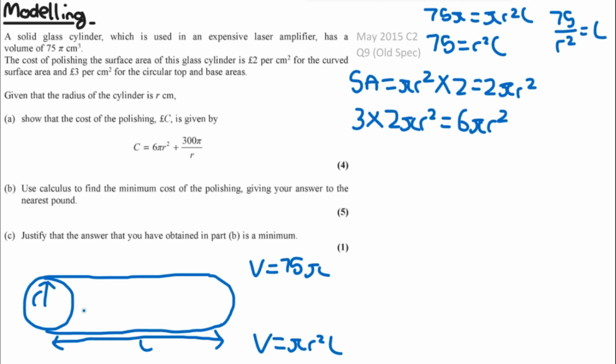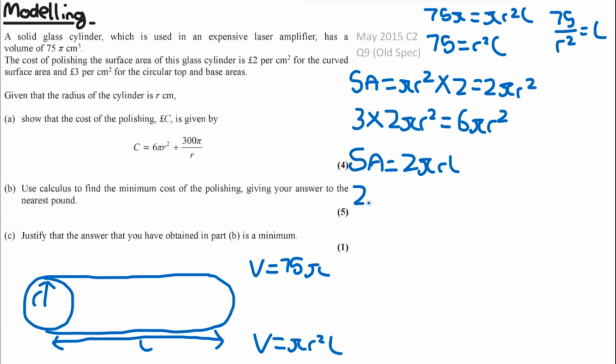So now we just have to do the curved surface area. The surface area of the curved part is going to be 2 pi rL. Again, this is something you're just going to have to remember. It's kind of the circumference of this circle and then expanded across the whole thing like that. So it's L. And therefore the cost of this is going to be £2 per centimetre squared.